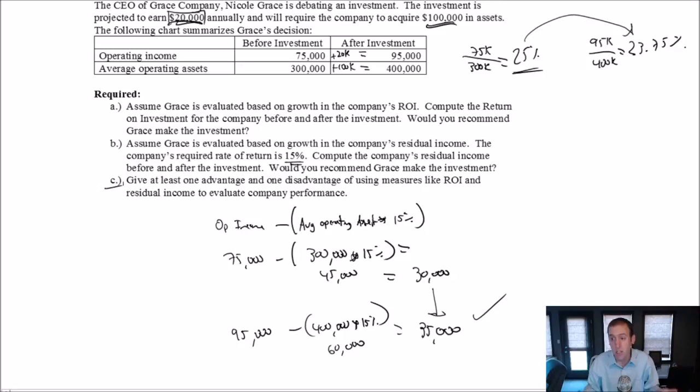Disadvantage, we've seen, sometimes it can cause people to behave in a way that's not congruent with what the company should want. So it can cause strange behaviors. Also, it can cause people to get myopic, where they only look at what they're measured on. If I'm measured on operating income minus average operating assets, I might really just focus on either the one side or the other, either maximizing my operating income or minimizing my assets. You might say, well, that's not bad, I want companies to maximize profit.